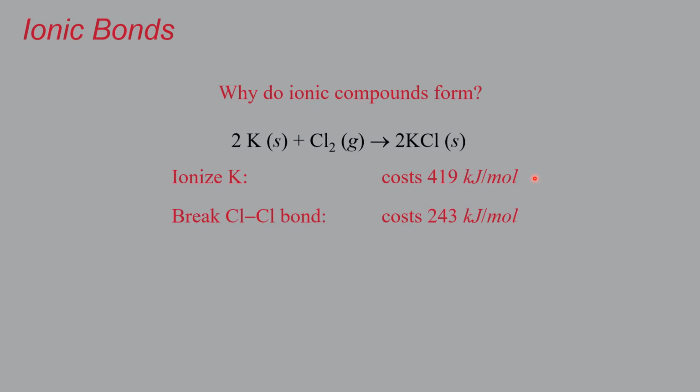And then you have to break, so chlorine, left to its own devices, likes to form Cl2 molecules. So you need to break that bond, and bond breaking always costs energy. And if you look this up in the right table, you find that it costs you specifically 243 kilojoules per mole to break it.